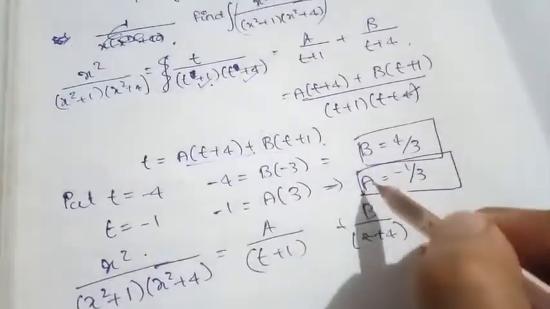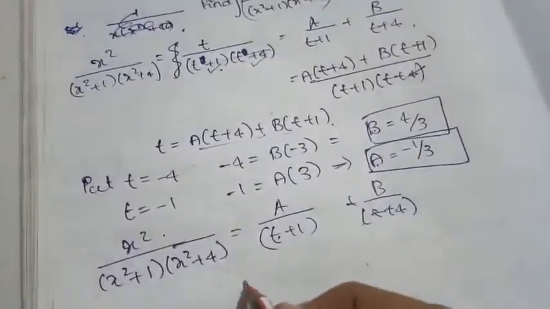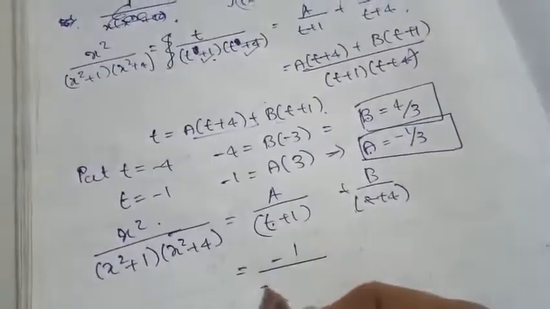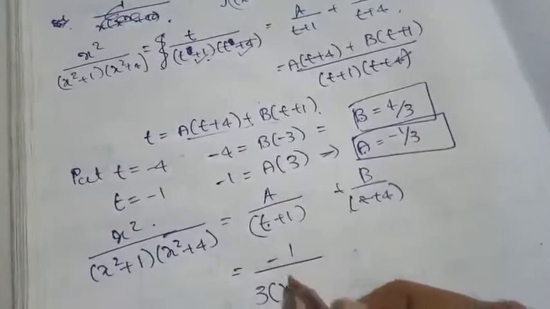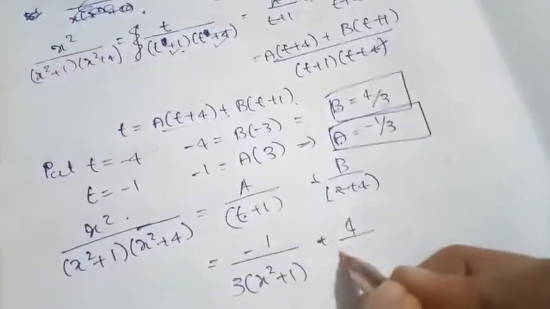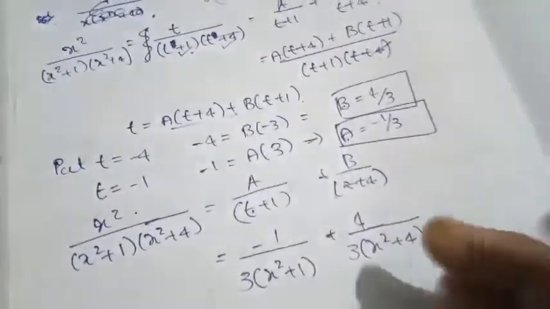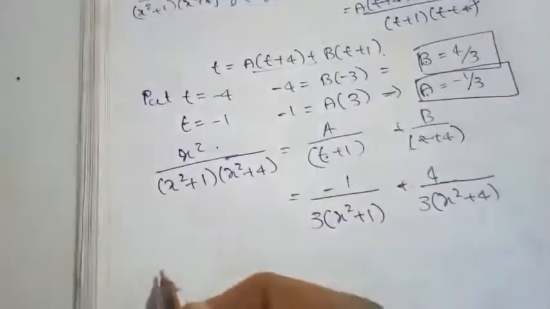Now resubstituting back the values of A, B and t. The value of A was minus 1 by 3 into, what is the value of t? x square plus 1. The value of B is 4 by 3, and t is x square plus 4. Now integrate this.